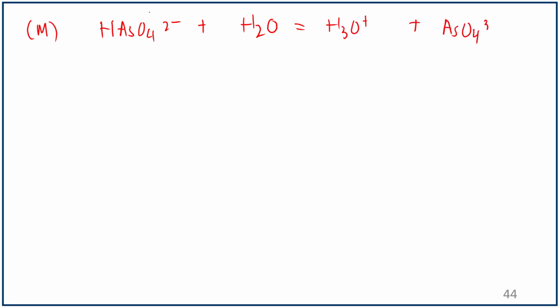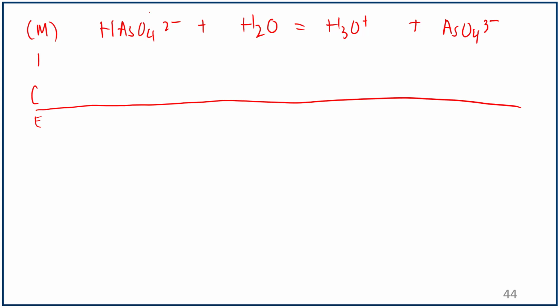So here again, let's write an ICE table for the third dissociation, or for the third proton being given up. So this is HAsO4 2 minus plus H2O is equal to H3O plus plus AsO4 3 minus. Again, this is for Ka3.